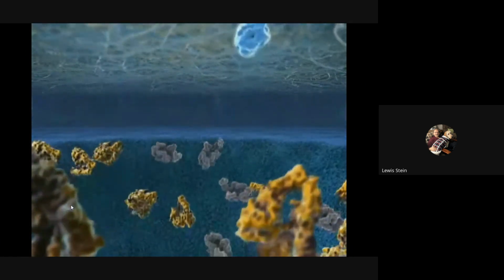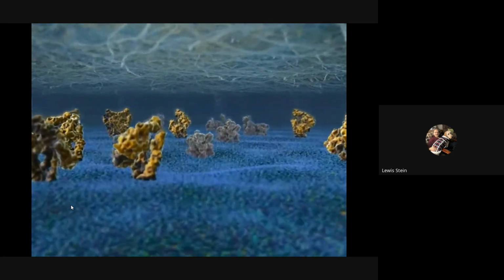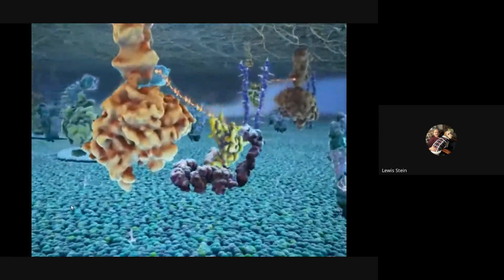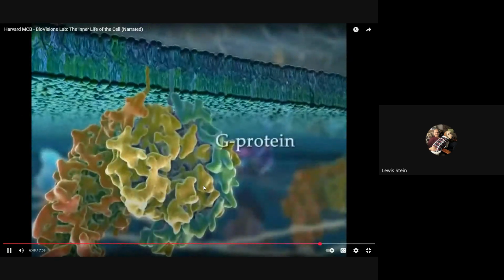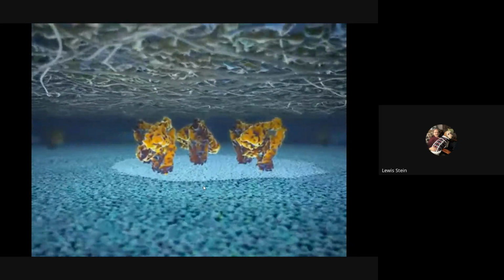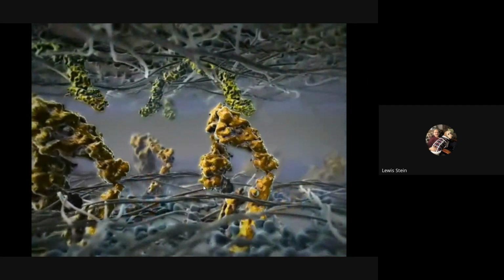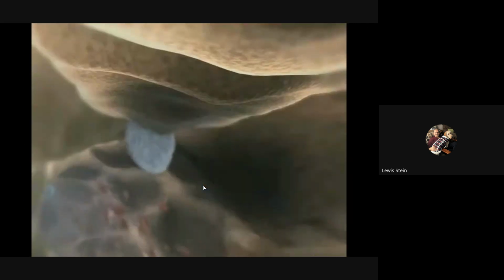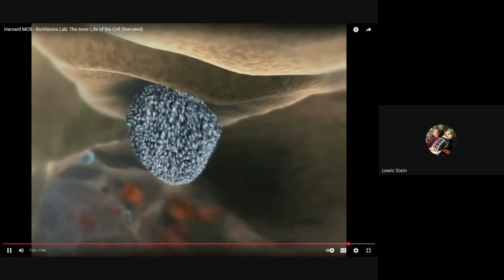This is going to be exocytosis coming up. Oh, the change. White blood cell.